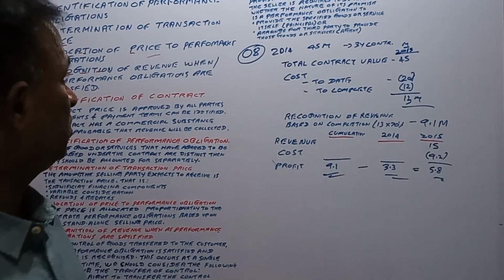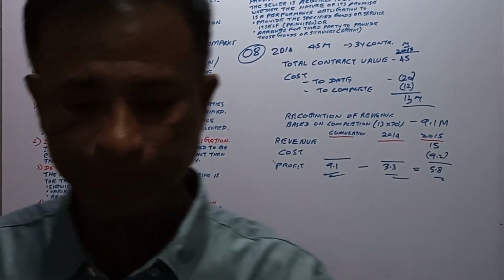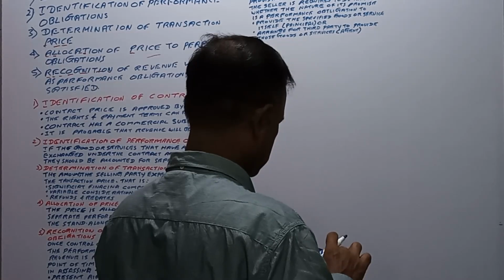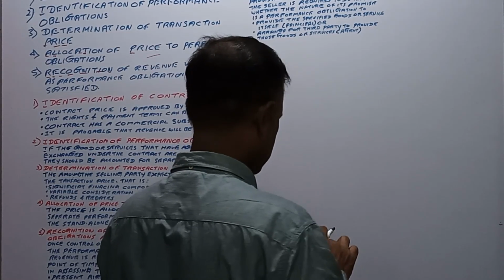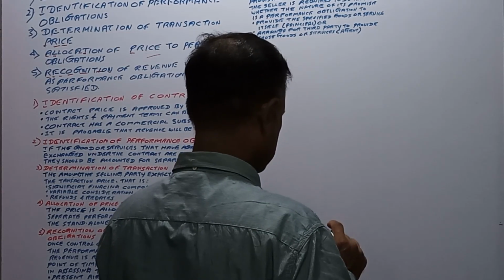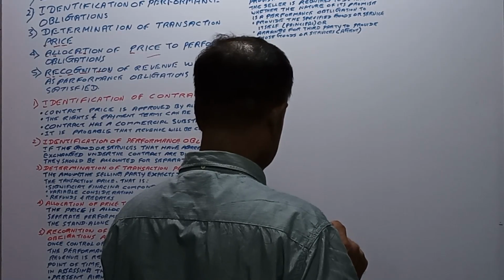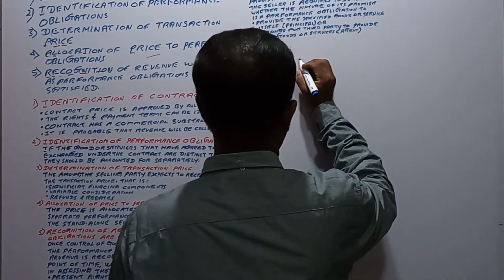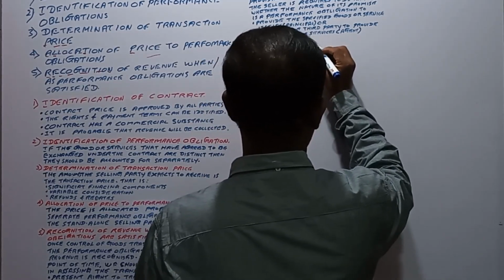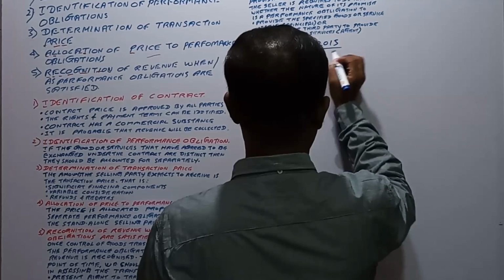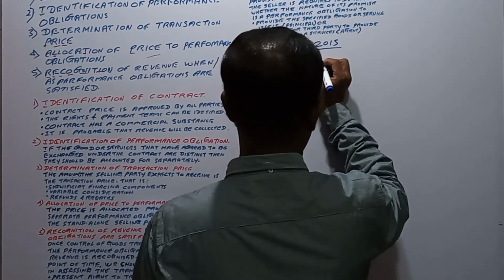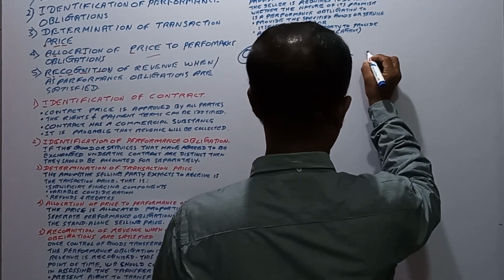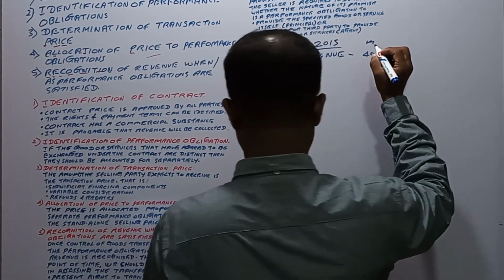Okay, so let's move into the next one. Question number 8. In 2015 he started, and the contract revenue is 40 million, right?